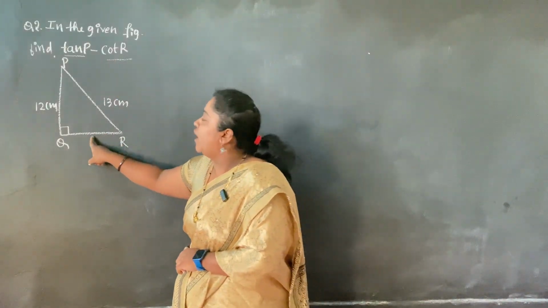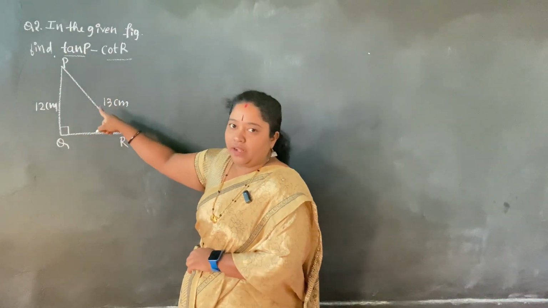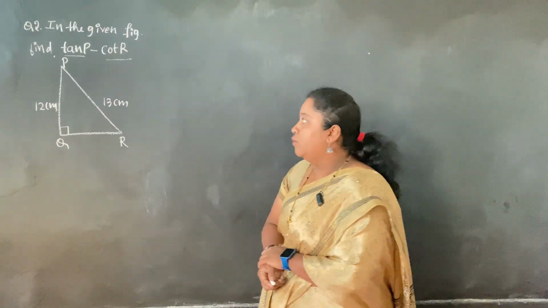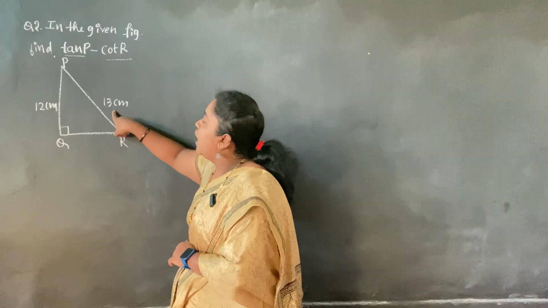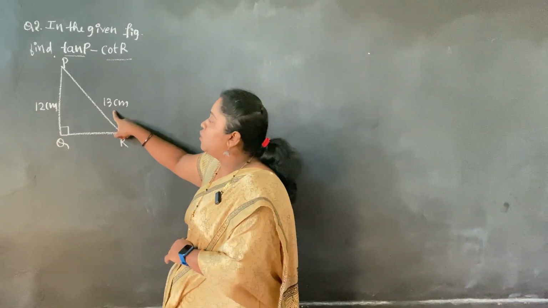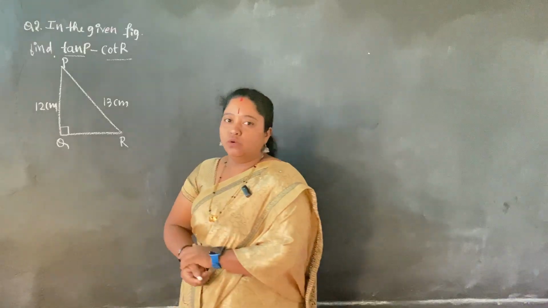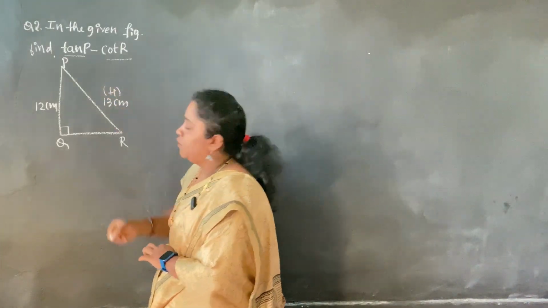So to find any side in the right angled triangle, we have to go through the Pythagoras theorem, and you know that the Pythagoras theorem says that the square of the hypotenuse is equal to the sum of squares of the other two sides. Now this is the hypotenuse, as we already know.